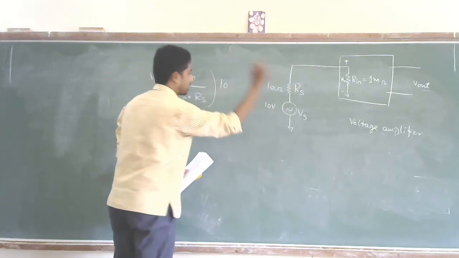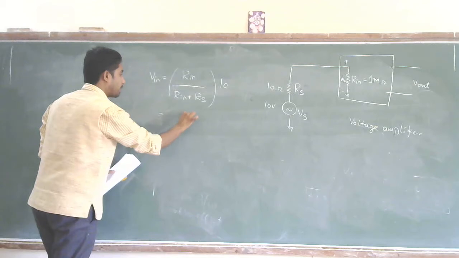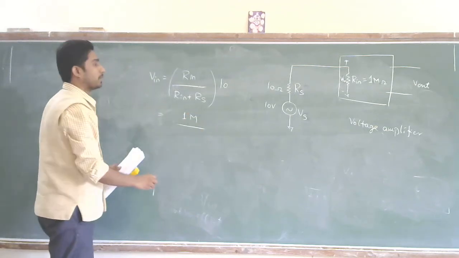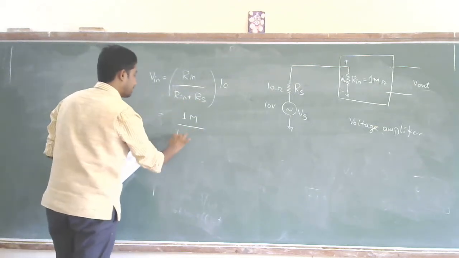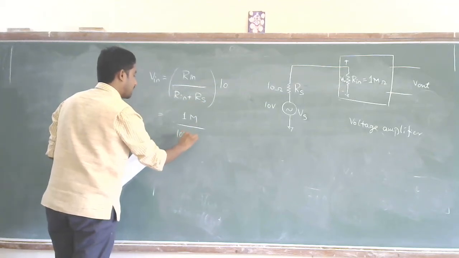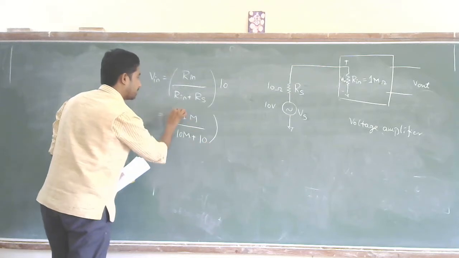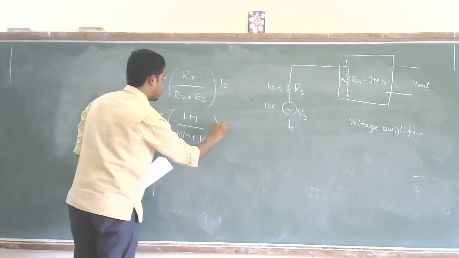That is the source voltage. Let's substitute the values. Rin is 1 mega divided by Rs is 10 ohm and Rin is again 1 mega.